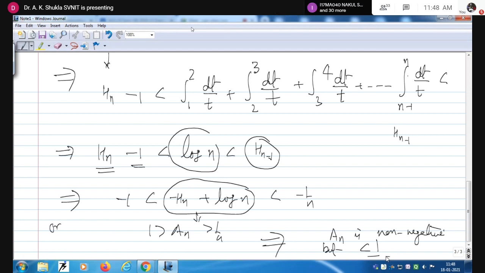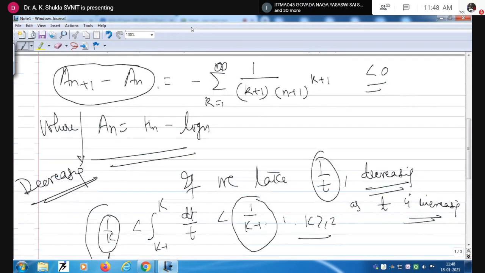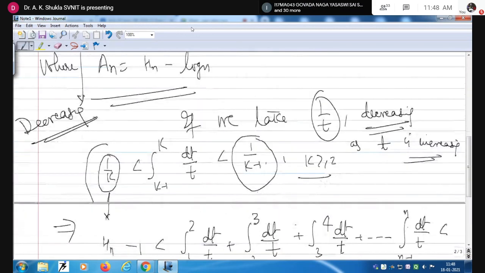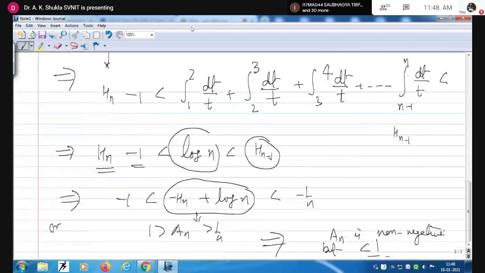But less than 1. Clear? So this is the value of this Euler constant. So the Euler constant lies between 0 and 1, but it will always be less than 1.